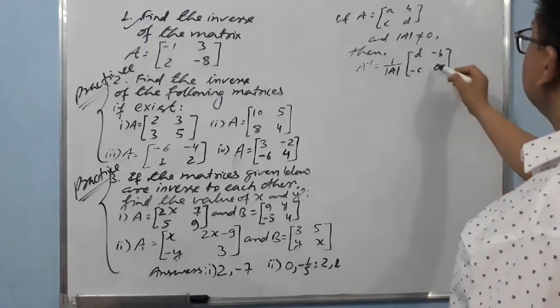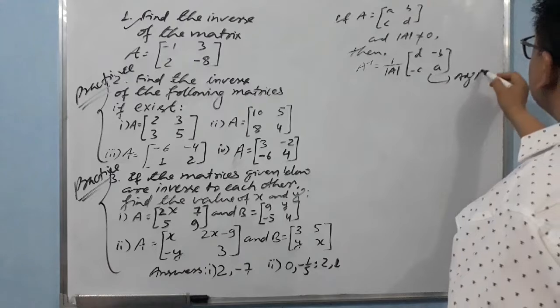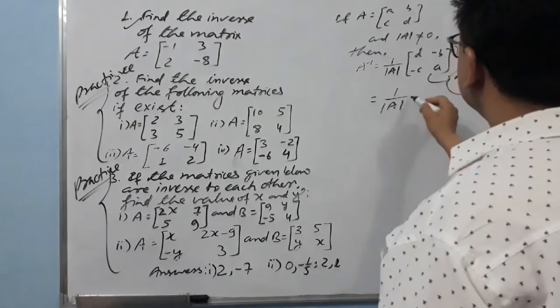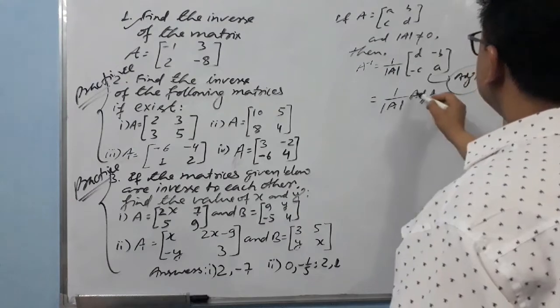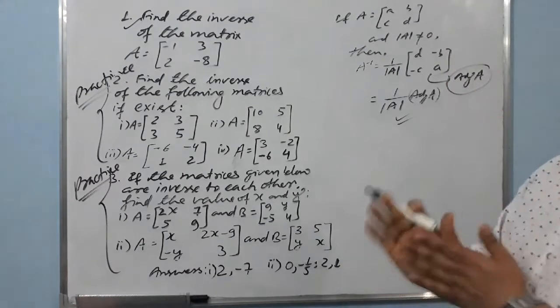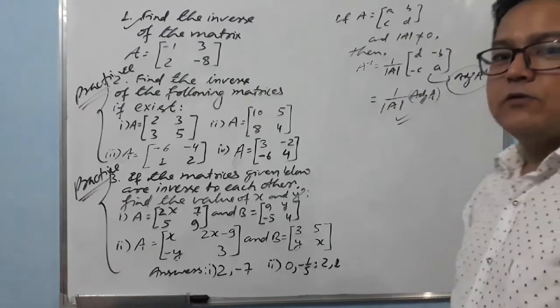This is the determinant of A, and this one is called the adjoint of A. Or we can write it as 1 upon determinant of A into adjoint of A. This is the formula to find the A inverse. So let's see how to find it.